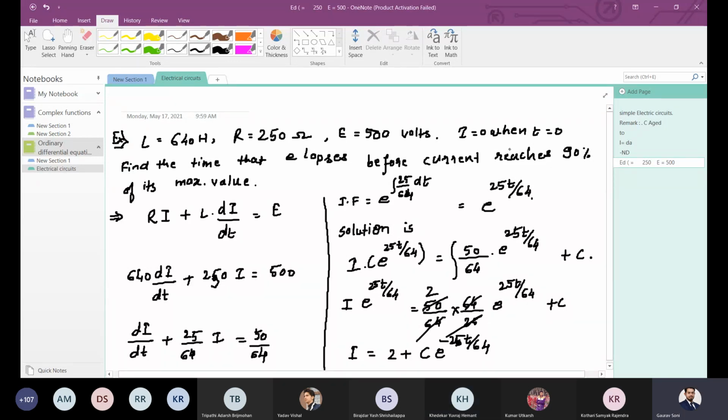Now what is given? I is 0 when t is 0. So this type of condition, even if it is not given in the question, you can assume in order to get the value of the integrating constant c. So we'll put the value here.